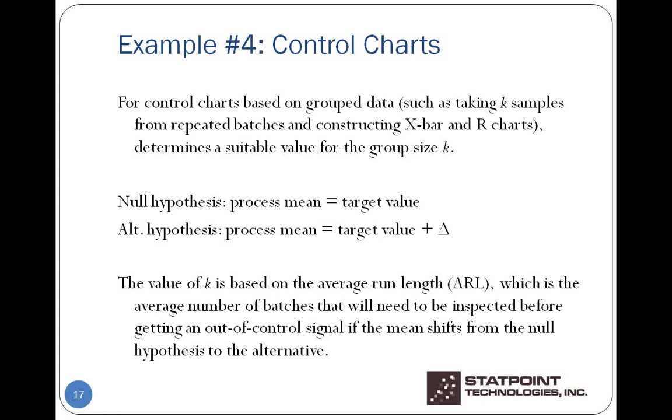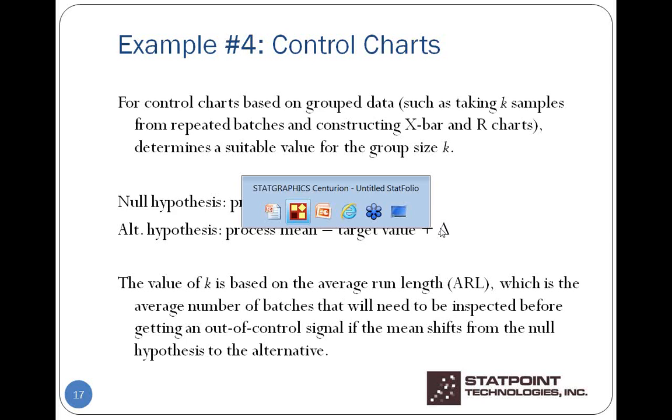So for example, I might say, okay, give me enough samples from each batch such that if the mean shifts by an amount delta, I'll get an out-of-control signal on average within no more than 3 batches. So it's typical to set up the sample size, if you're doing a control chart, through the average run length.